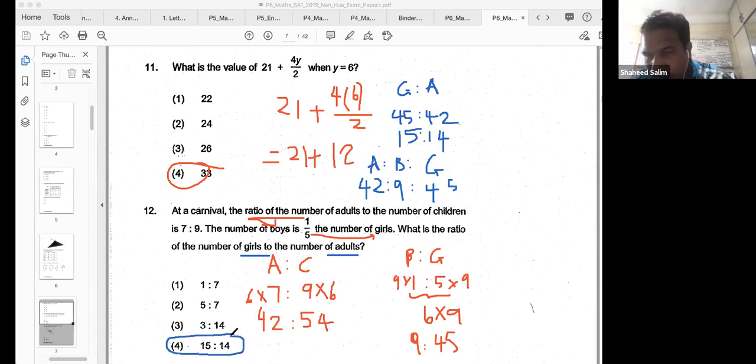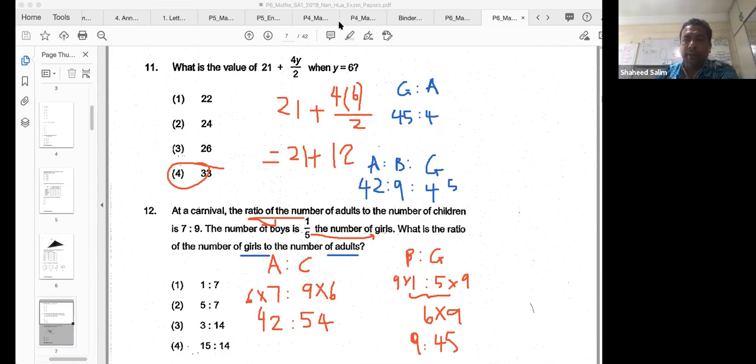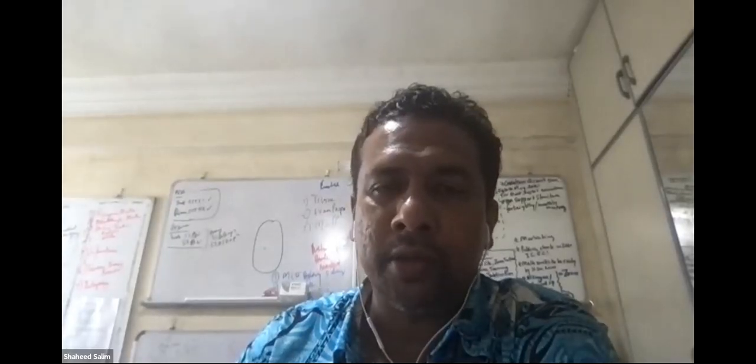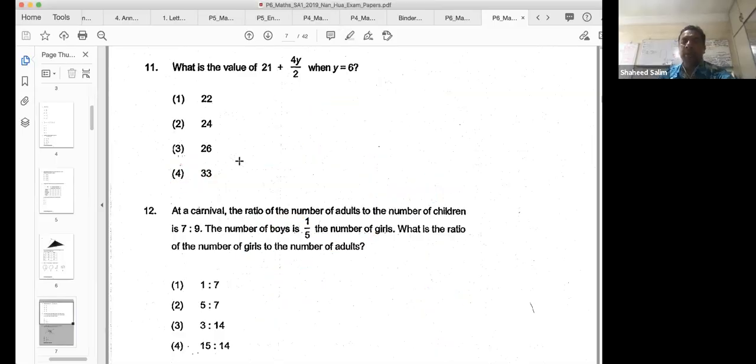Who's confused? Zahina, you're confused? Putri is confused, okay. I will repeat again. Okay, okay. So now I erase the whole thing. I erase the whole thing first so that we come with a clean sheet first. Now, there is now 2 different ratios. One ratio is boys to girls.